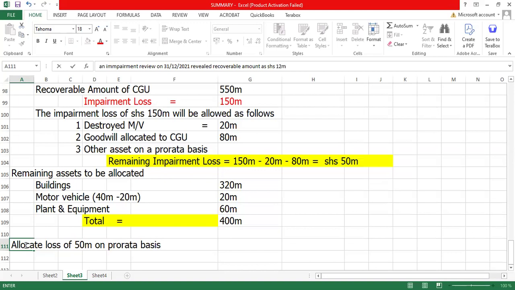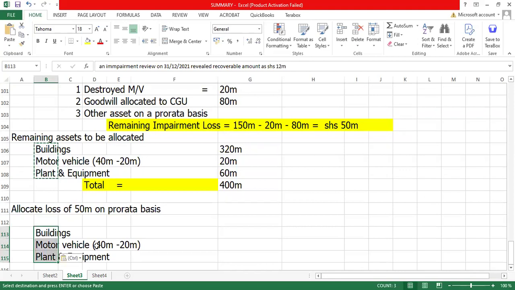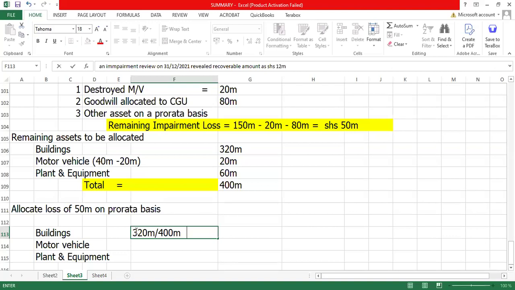How for the building? Let me just copy this. For the building, as you allocate, it will be on pro rata basis. You get the portion for the building, that is 320 million over the total 400, then multiply by the total loss 50.